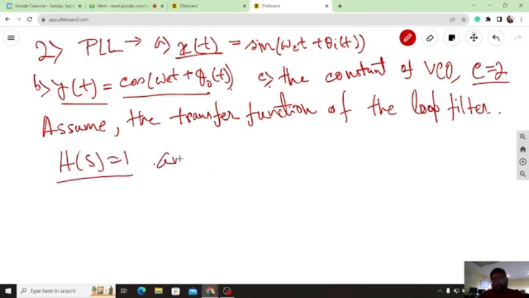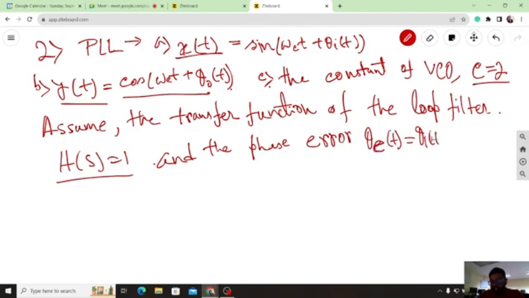The phase error, theta e of t, where e is the subscript for error, is the input minus output, and this is very small.